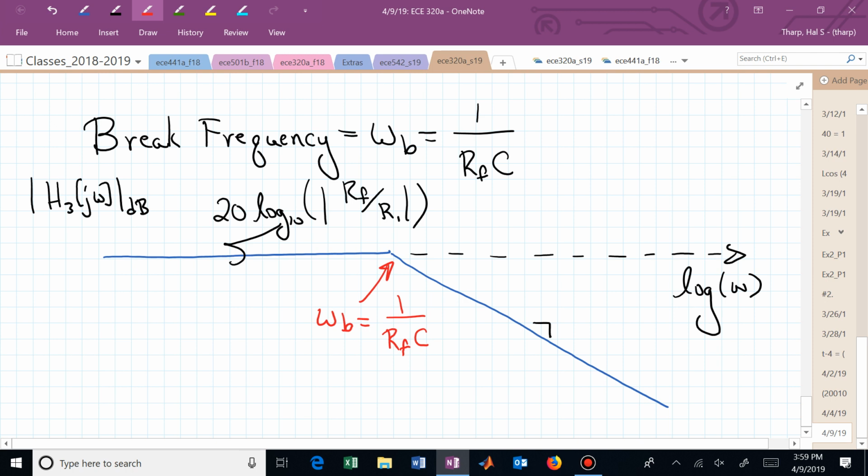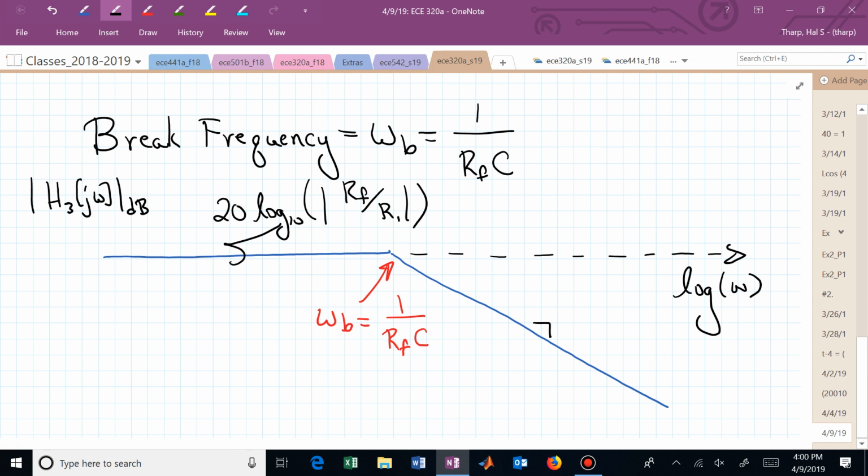Getting back to my earlier question, now that we've reached the break and we start decreasing in this straight line approximation, do you remember how much I said we were going down every decade? I said something per decade.